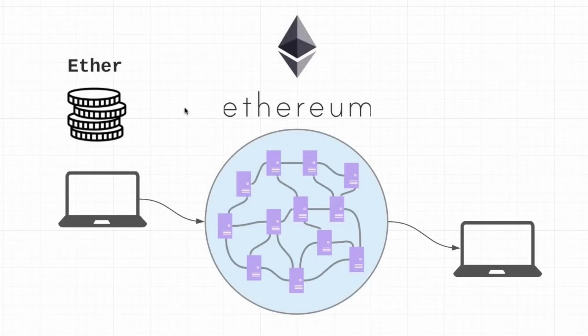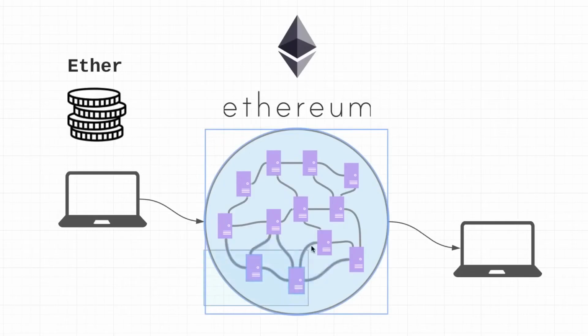Now the last thing that I want to touch on in this video is how is Ether created? Or in other words, where does it come from? So whenever new Ether is created, it's distributed to the nodes in exchange for their help in participating and securing the network. However, when new Ether is created, it is not just split up and distributed evenly to all nodes.